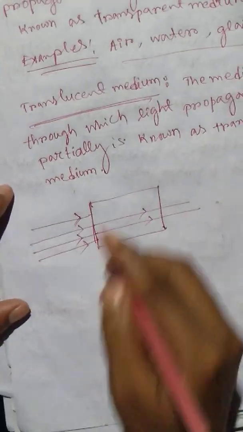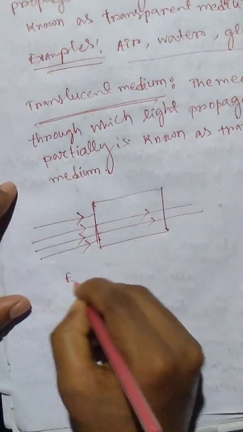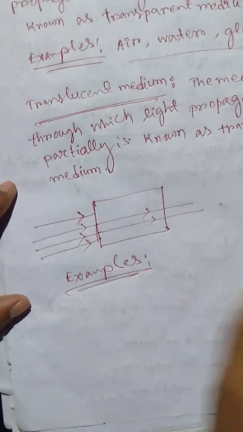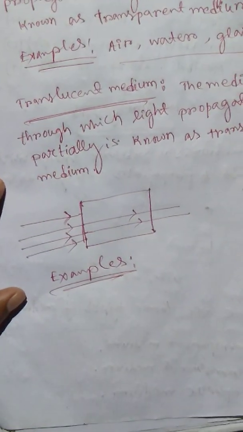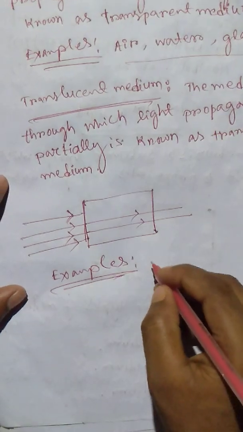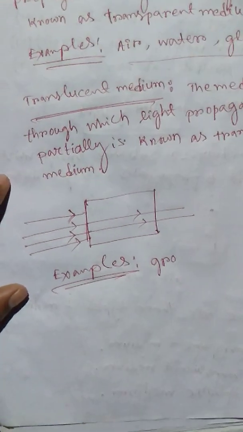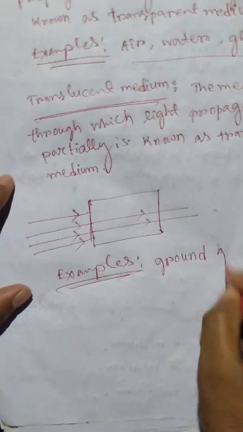So this medium is known as translucent medium, and examples of translucent medium are ground glass and also paper.